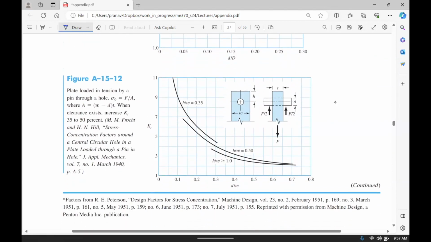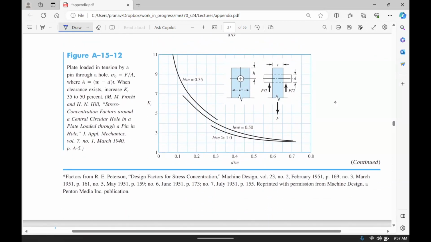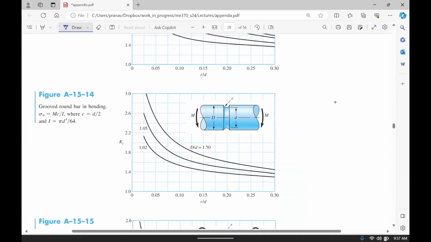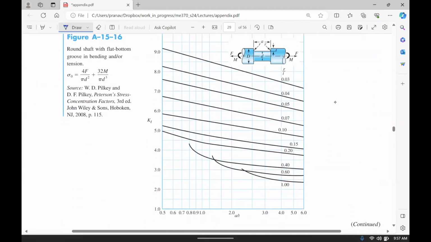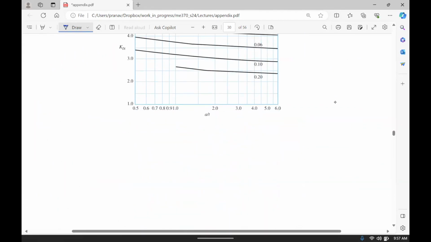This is a rectangular section subjected to force F. Then a plate loaded in tension by a pin through a hole. If there's a pin through the hole, this is what you'd expect. It just keeps going on, but this is something which I'll give you obviously, and you'll use this to solve problems.